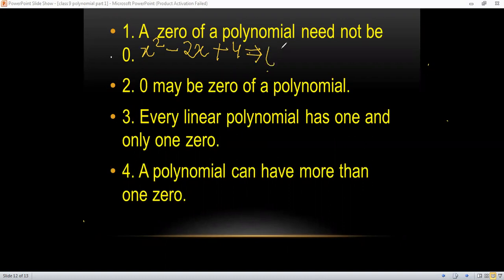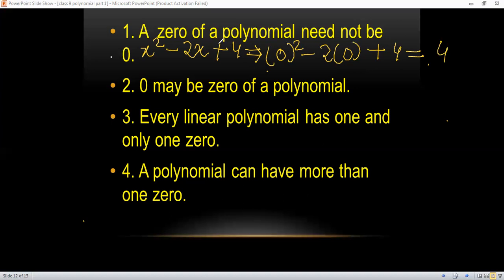So if I put 0 square minus 2 into 0 plus 4, what will I get? This becomes 0, 0, so I will get 4.